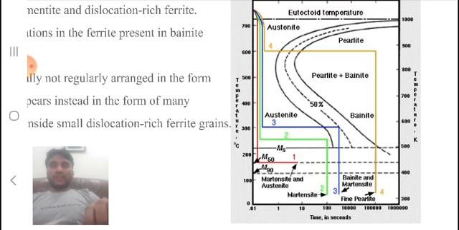Just holding the austenite just below the isothermal point, that is 723 degrees centigrade. At 723 degrees centigrade, austenite transforms into pearlite without changing any chemical composition.